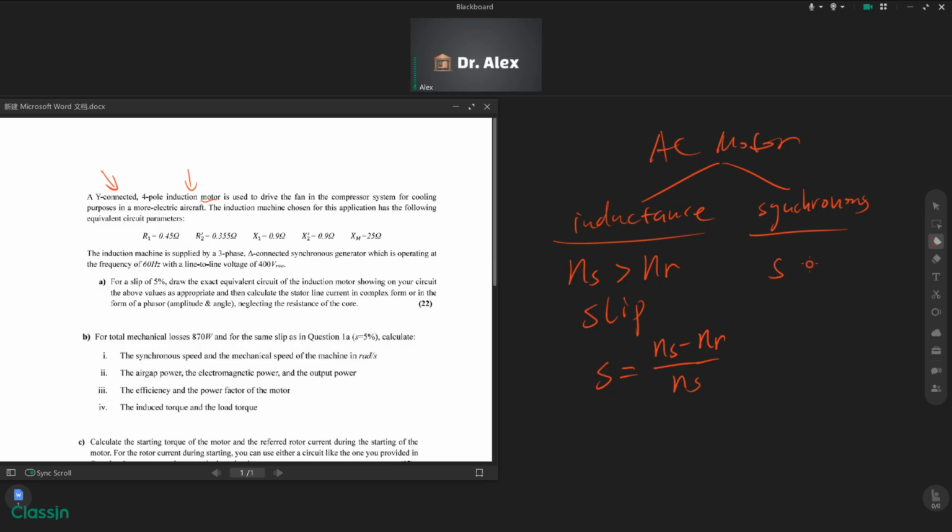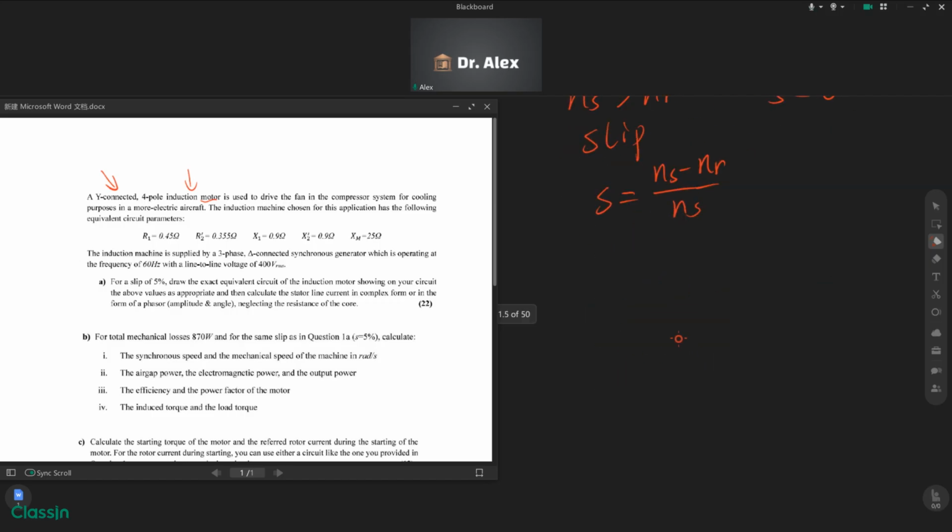So the S value for the synchronous motor will be 0, right? Okay. And for this induction motor, it has 4 poles. 4 poles means the pole pair is 4 divided by 2, which is 2, right?